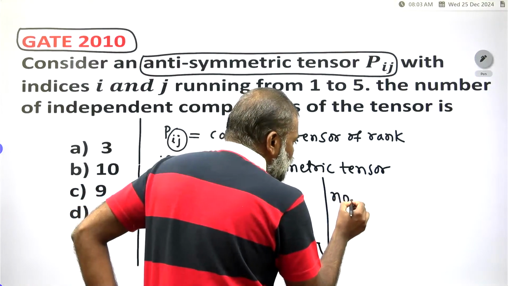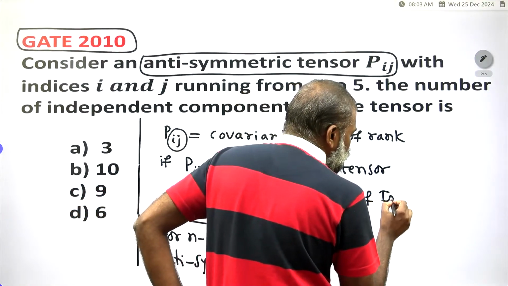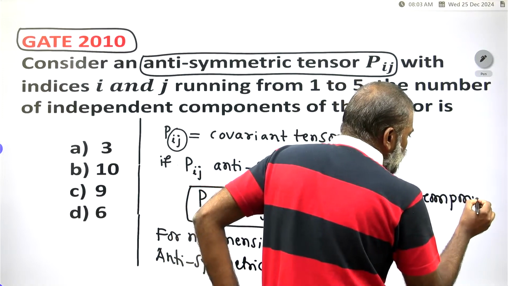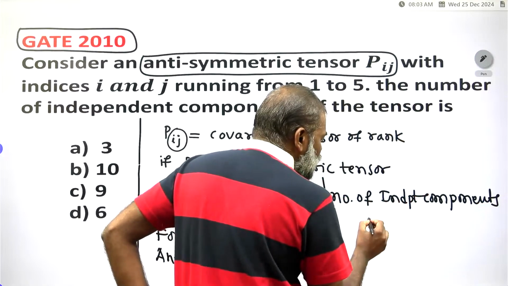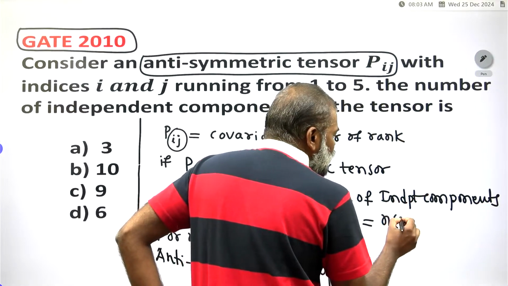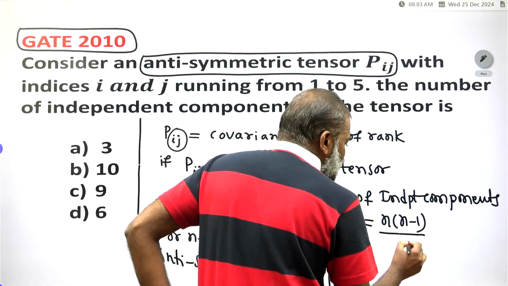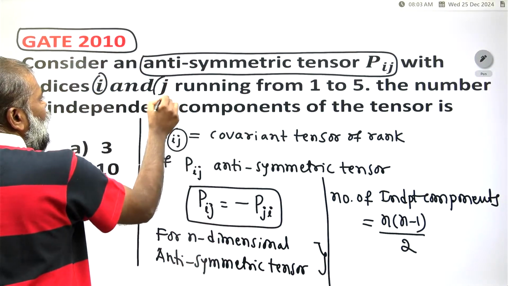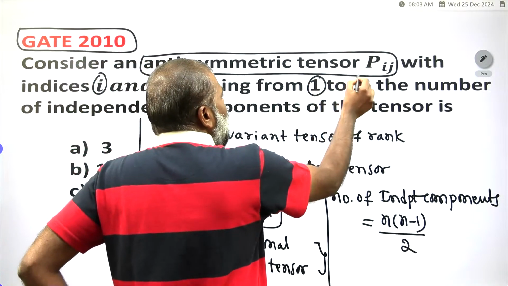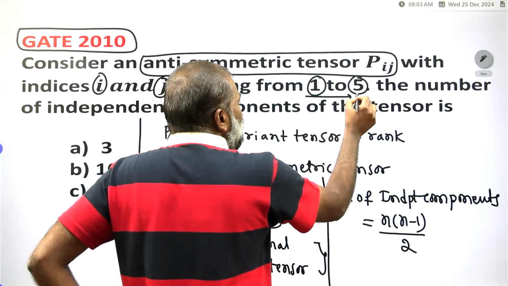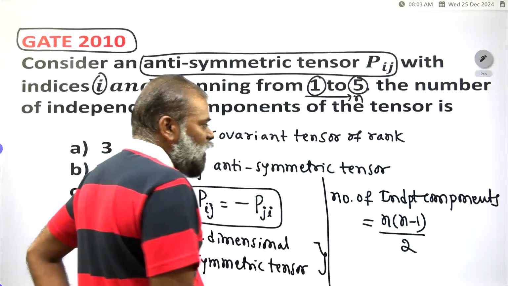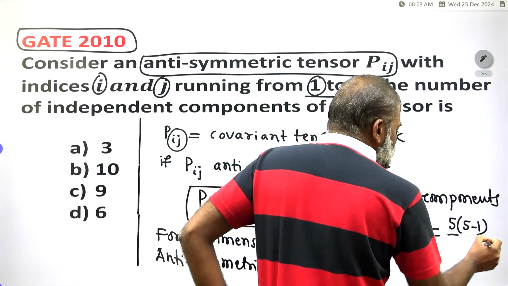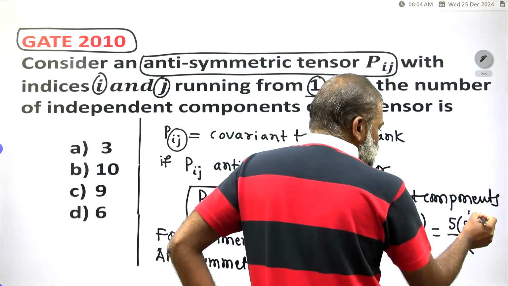The number of independent components is n into n minus 1 divided by 2. This is the formula, where i and j run from 1 to n. Here n is equal to 5. So substituting, 5 into 5 minus 1 divided by 2. 5 minus 1 is equal to 4.